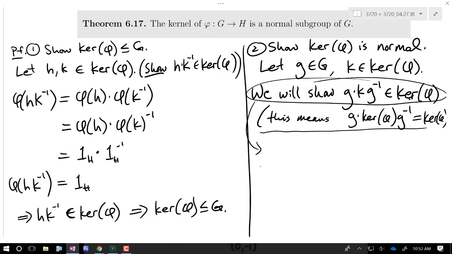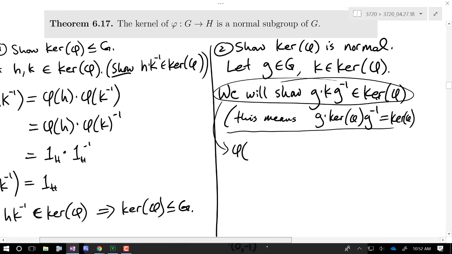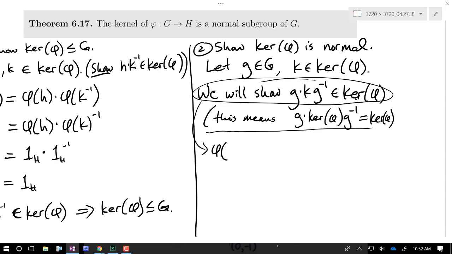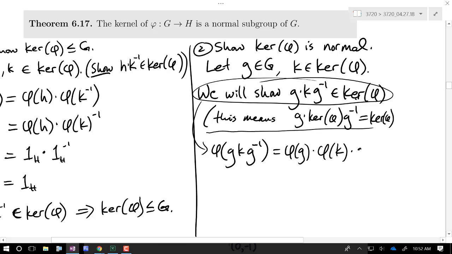So let's find phi of that product, G K G inverse. Again, phi is a homomorphism, so the first thing we can do is split this up. That's going to be the same as phi of G times phi of K times phi of G inverse.